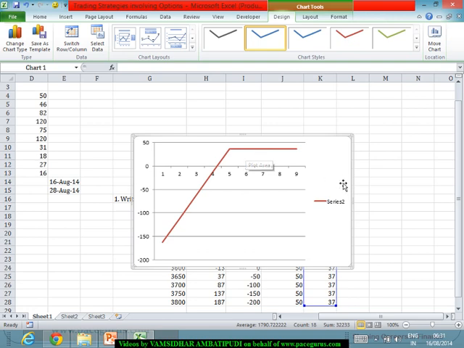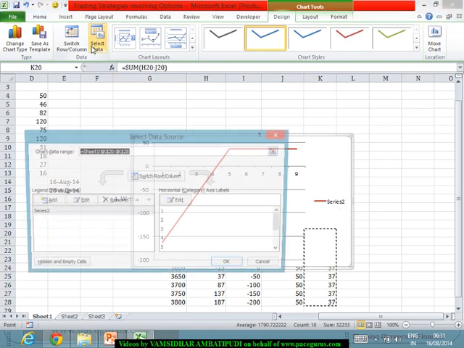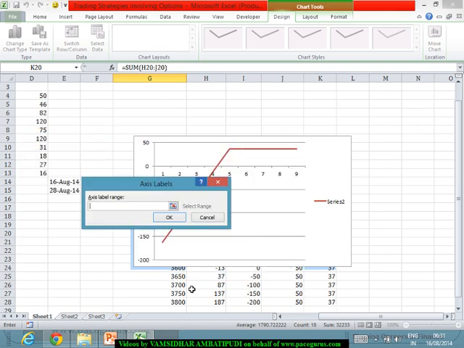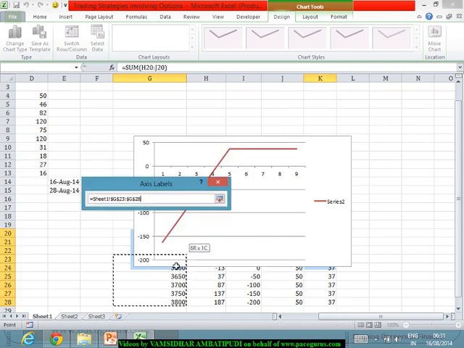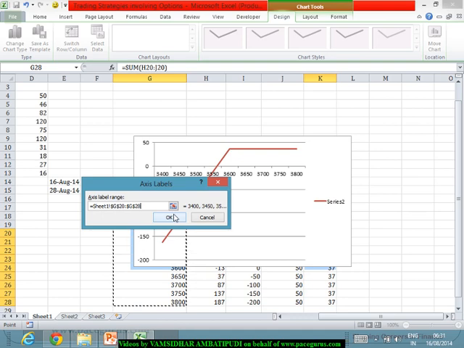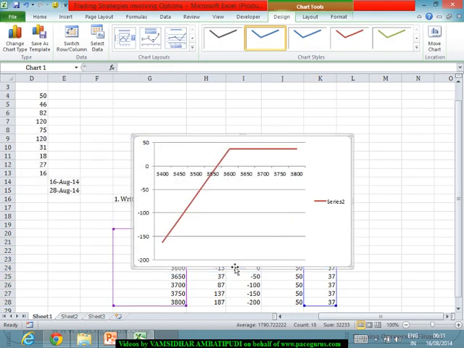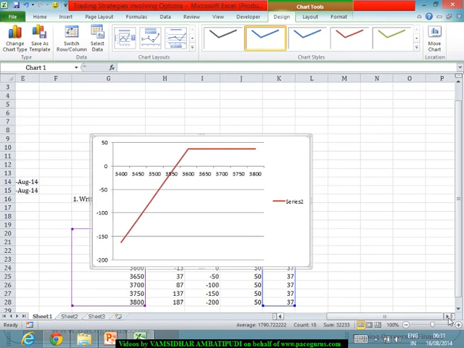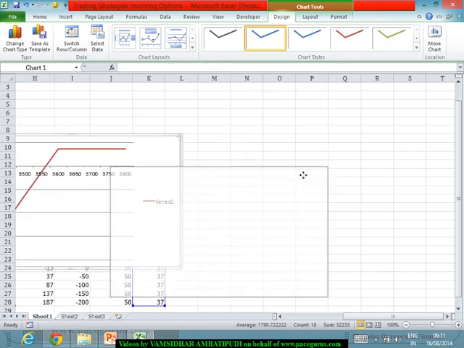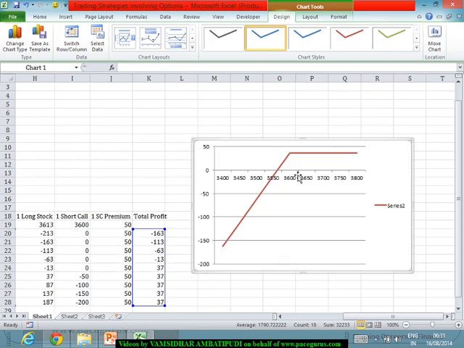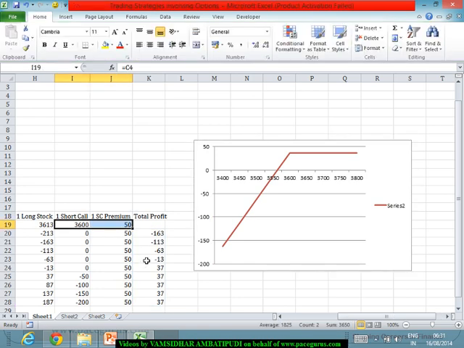So this is the typical chart that we are going to get, which shows that if the stock price goes below 3,650, which is nothing but the premium as well as the strike price, then there is going to be a loss.